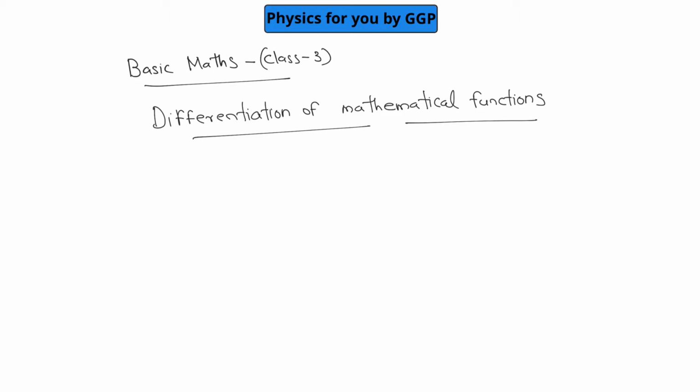So in the previous class we discussed the different types of functions that we are going to differentiate. Now we'll discuss in detail the differentiation of different types of functions.